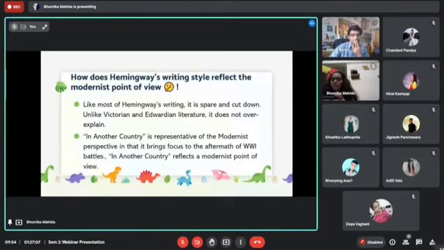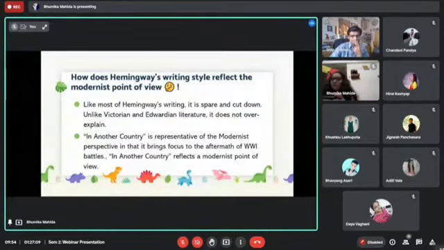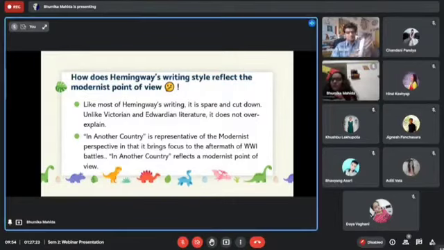In Another Country is representative of the modernist perspective in that it brings focus to the aftermath of World War I battles. And the second thing is that In Another Country reflects a modernist point of view also.